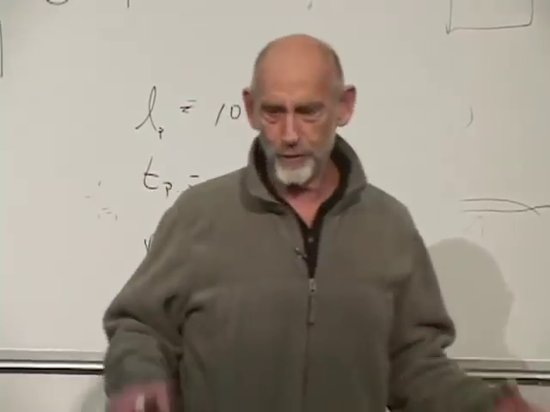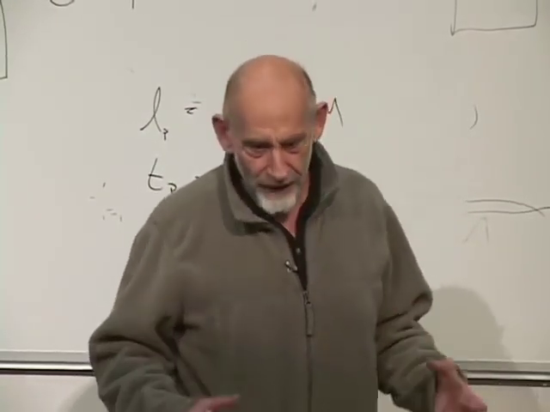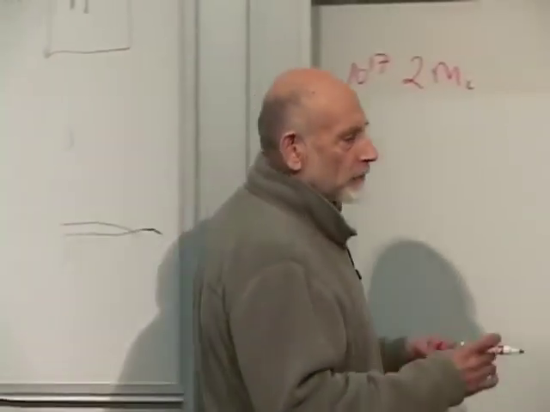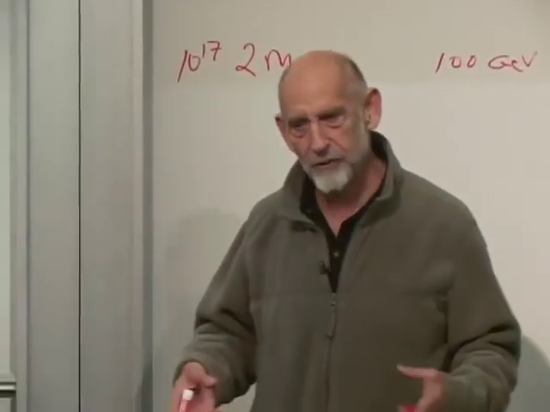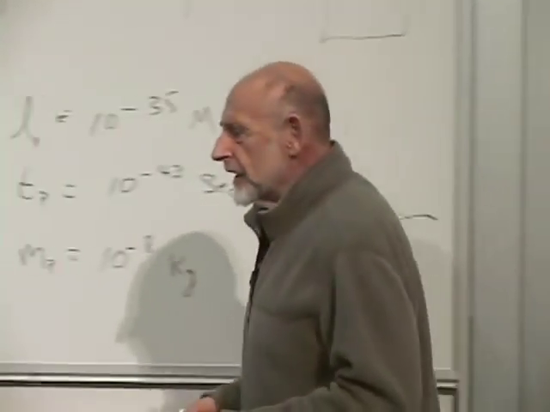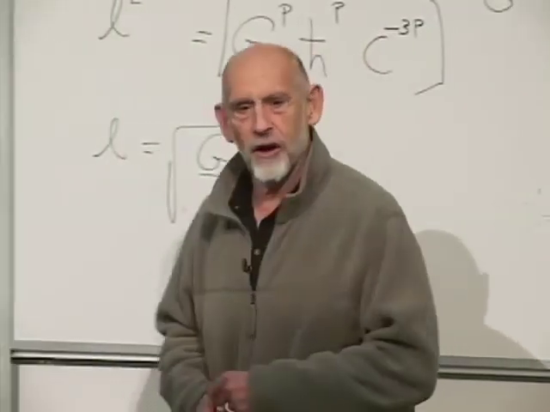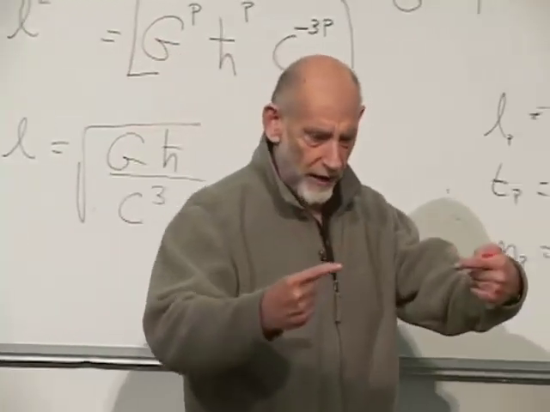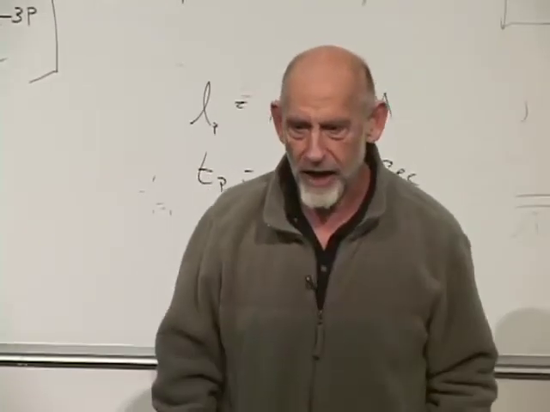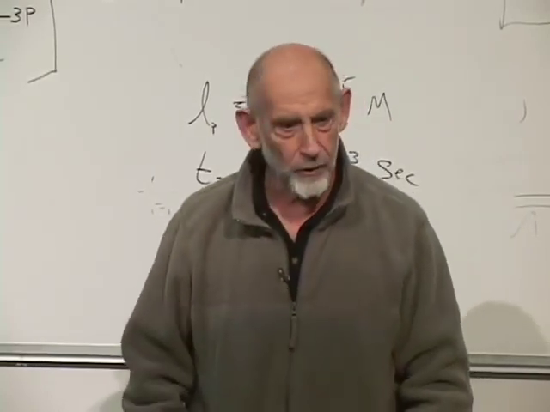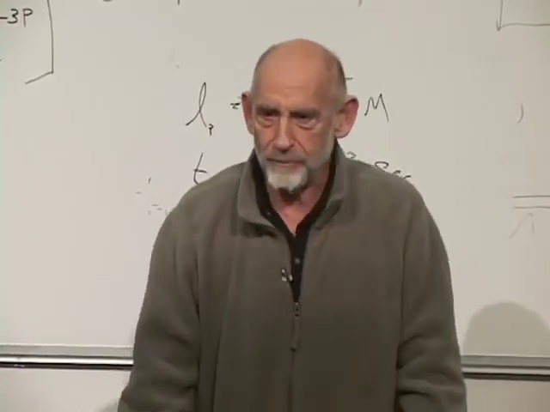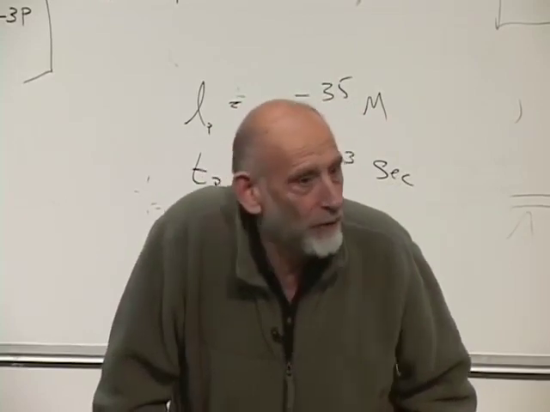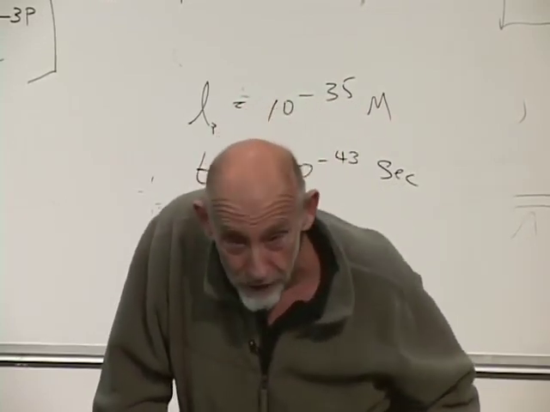Okay? But suppose you could build such an accelerator. Next question, what kind of luminosity do you have to have? An accelerator has to have a luminosity. What we want to do now is collide particles head-on to make a black hole. But remember, the radius of that black hole that we want to make is itself the Planck radius.